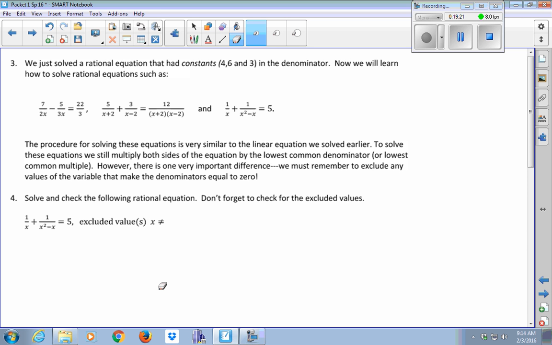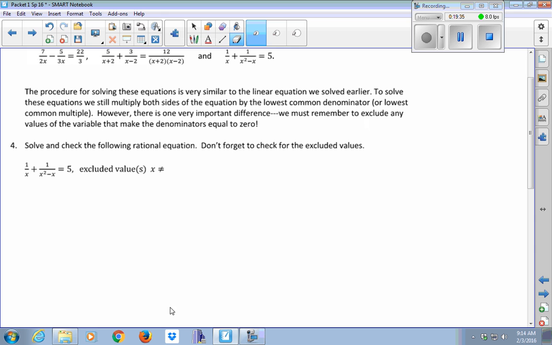So you have to remember every time you try to solve one of these equations where you have variables in the bottom, your first step is to determine what's going to make that denominator 0. Okay, well, the first fraction here is easy to look at. What value of x is going to make this 0? 0. So we couldn't have 0 for an answer.